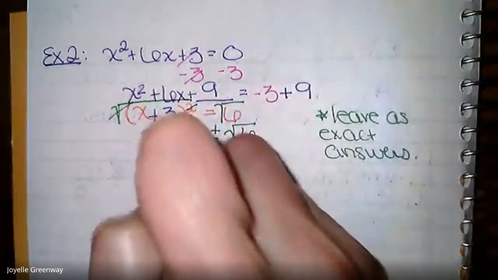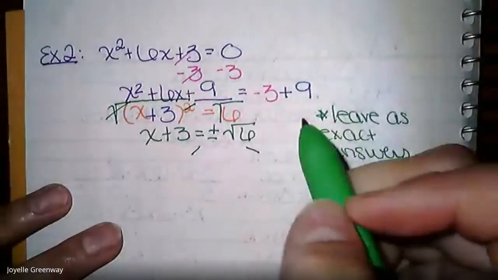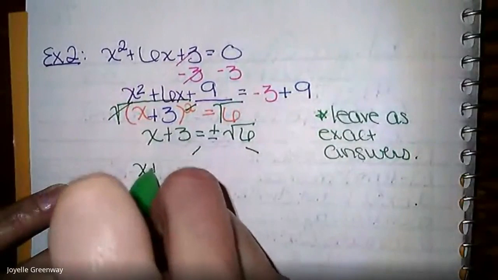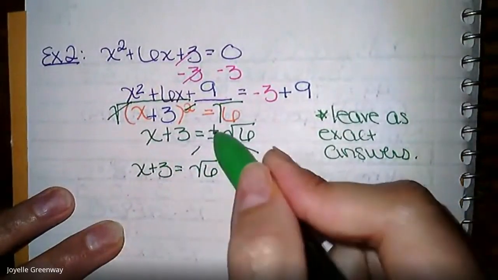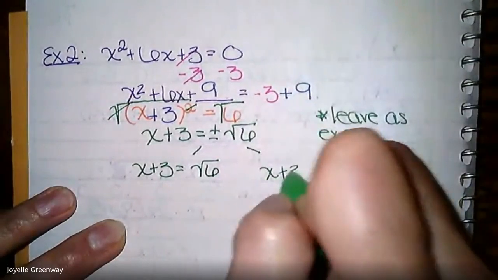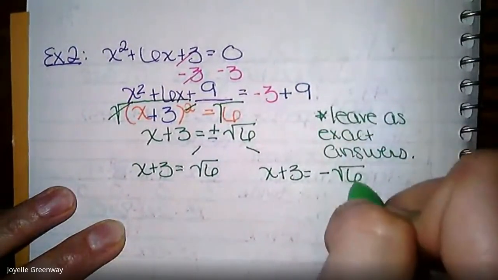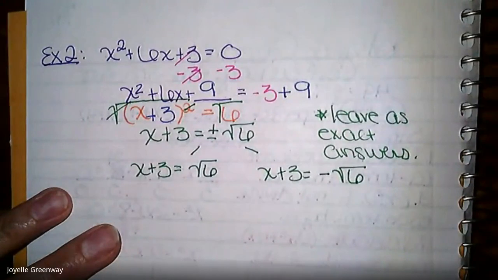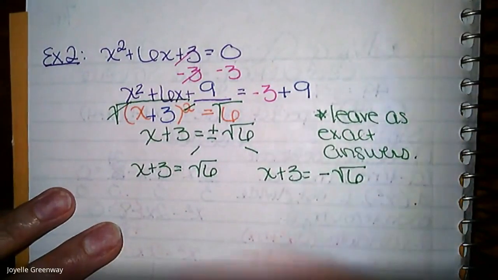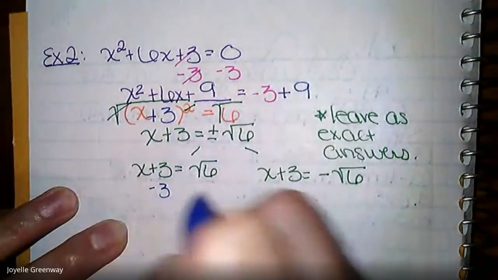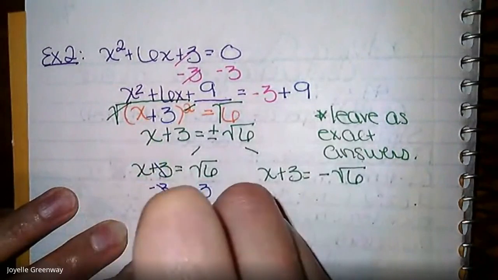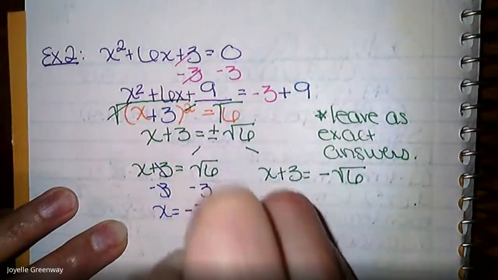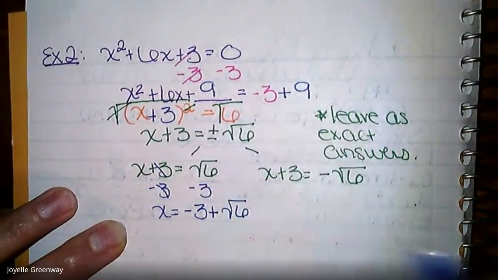So now I can break that up into 2 terms. So I have x plus 3 equals positive radical 6. And then x plus 3 equals negative radical 6. And then I just keep solving. So I'm going to subtract 3, so I get x is equal to -3 plus radical 6.